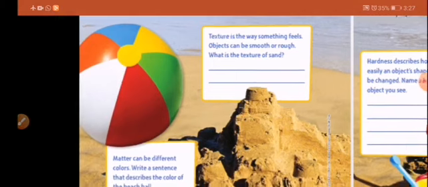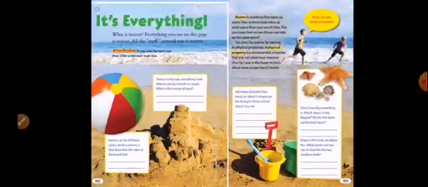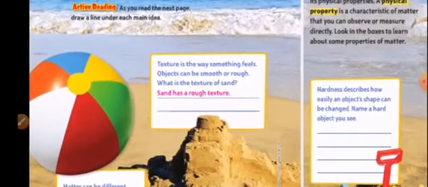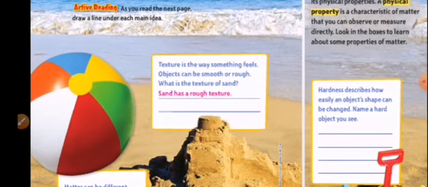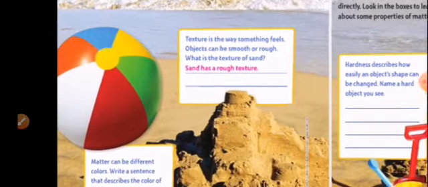Of course, sand has a rough texture. Can you find any other rough things around you? Look around you and find the difference between smooth matter and rough matter.